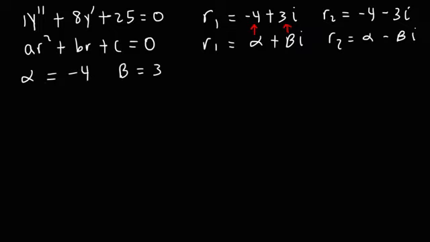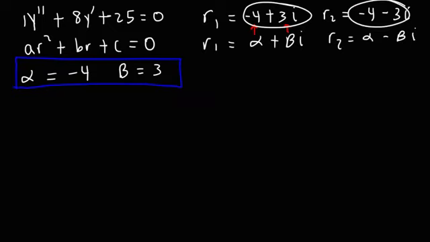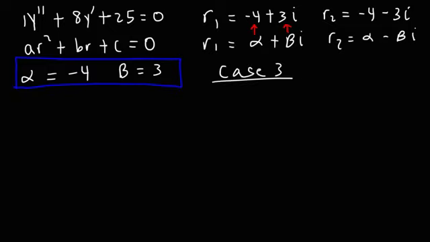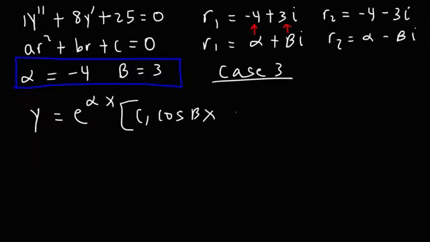Now, once we have our alpha and beta values, we can now find the general solution. By the way, the fact that we have two complex numbers or two imaginary numbers tells us that we have case number 3. So the general solution for case number 3 is this. y is equal to e raised to the alpha x, and then times c1 cosine beta x plus c2 sine beta x.